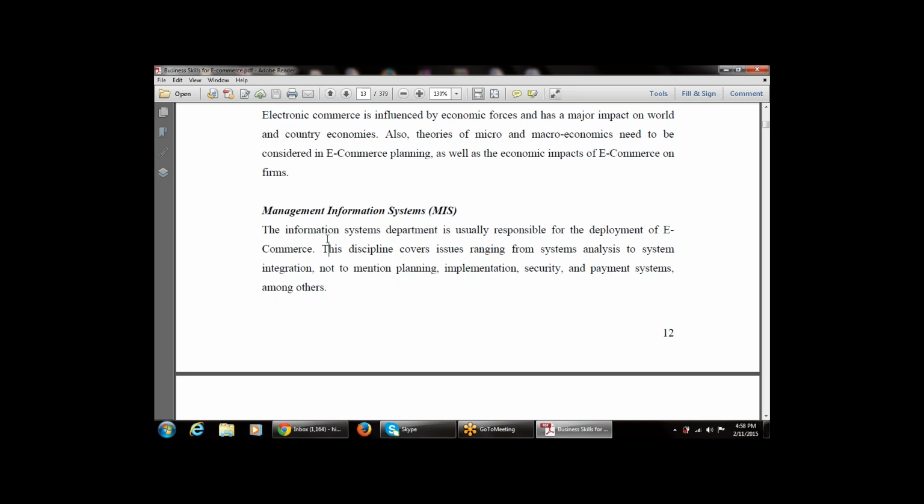This discipline, the MIS, covers issues ranging from system analysis to system integration. The MIS approach follows from the first step of the system, that is system analysis, to the middle stage, that is system integration. System analysis means before attaching each and every part of the system.